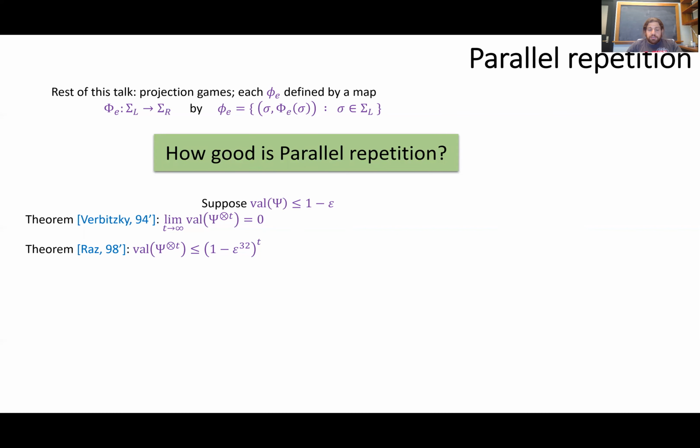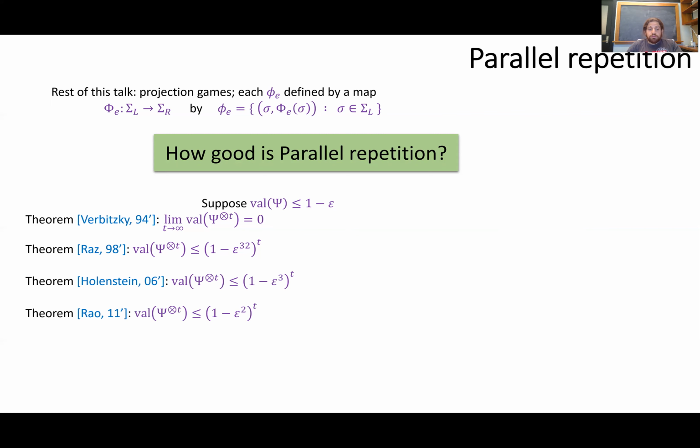So this is a really nice theorem and a really good bound, but this leaves much room for improvement. And indeed, following Raz's work, Holenstein improved upon this bound, improving the epsilon to the 32 to epsilon to the 3. And later on, Rao proved this further down to epsilon squared.